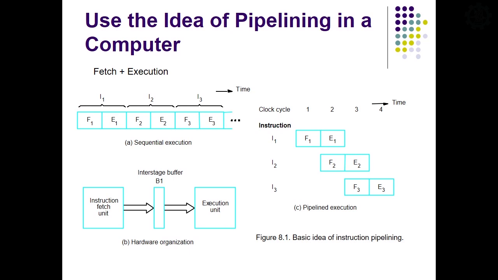That is the simplest way. But I said it is not just that. If you remember from the initial class, it will fetch the instruction and then there is something called the instruction decoder, which will decode the instruction. What is the task of the instruction decoder?